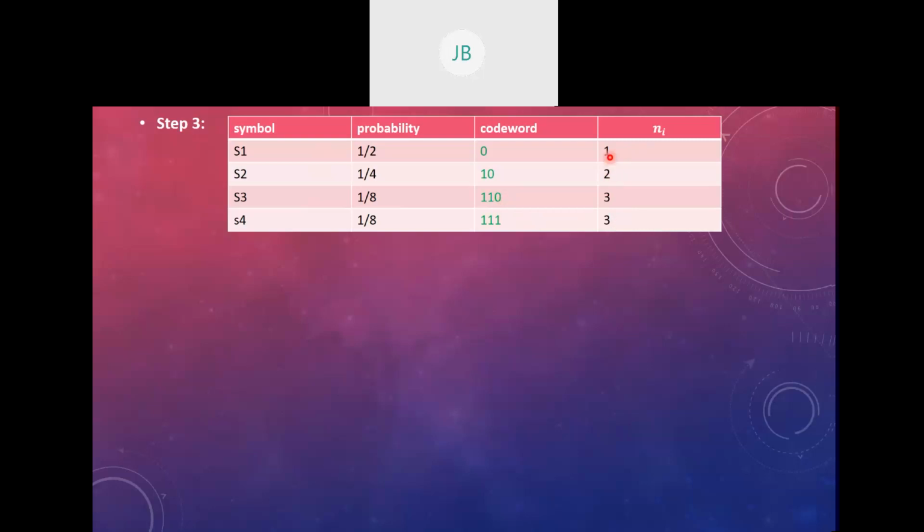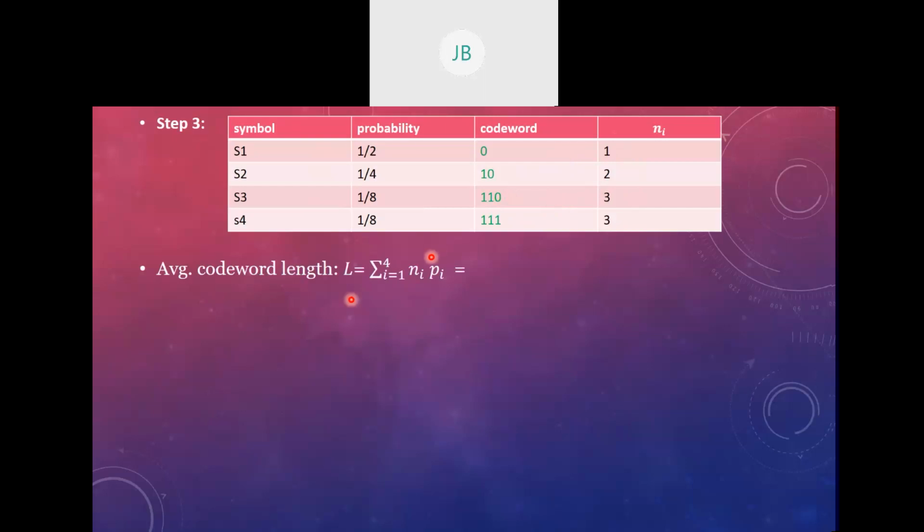For example, it's 1 here because there is only one bit. There are 2 bits here, that's why NI is 2, and similarly 3 because there are 3 bits here. So NI indicates the length of the code word. So this is how the Shannon-Fano encoding operates.